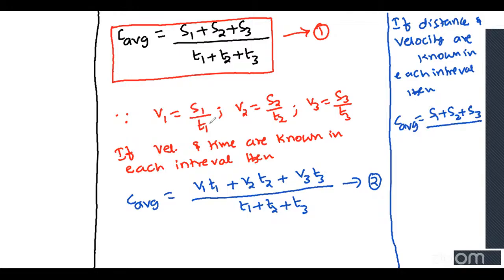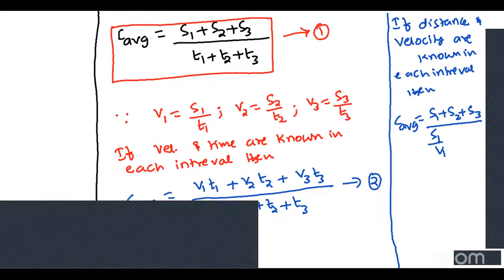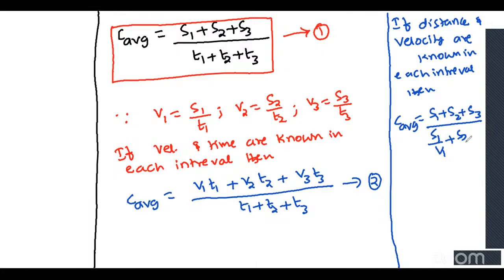T1 I can write as S1 by V1, plus S2 by V2, plus S3 by V3.